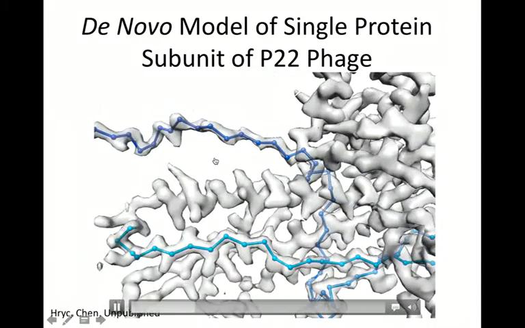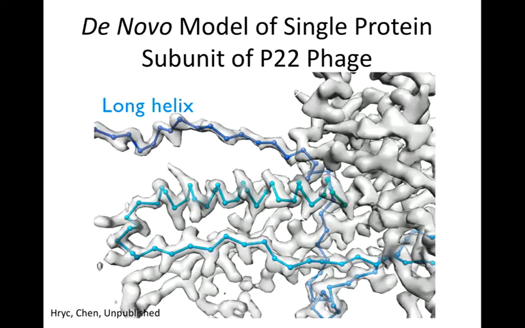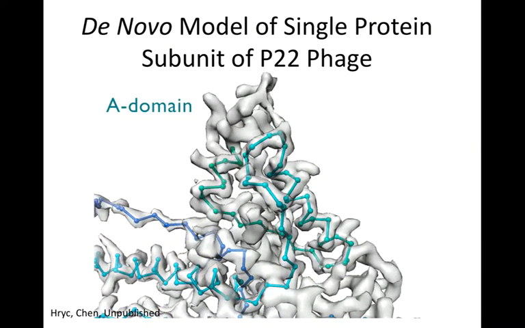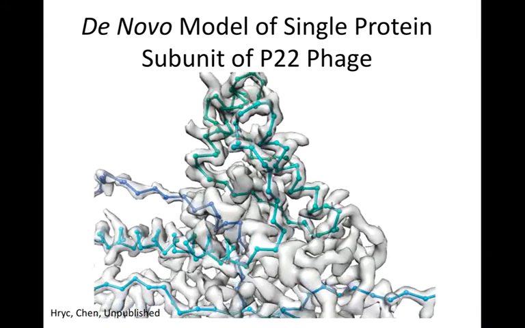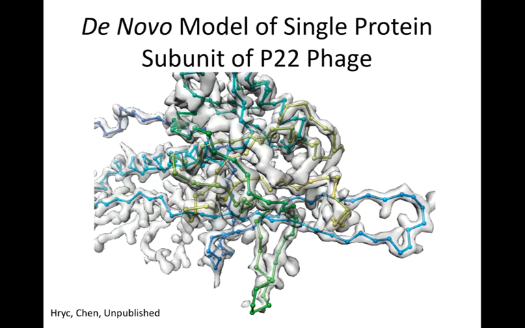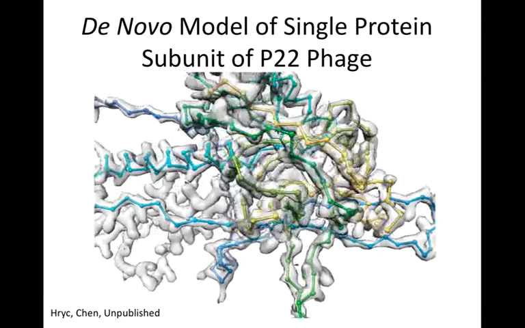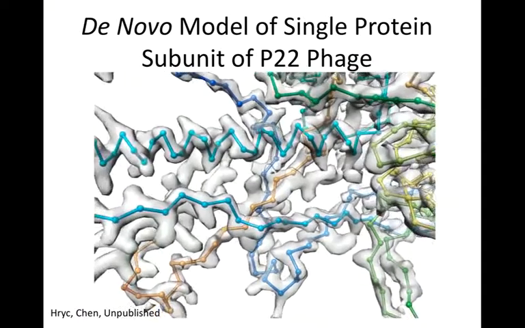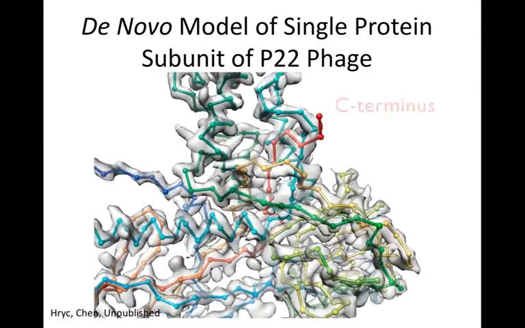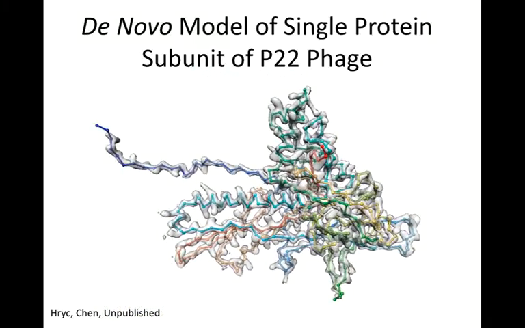This blue color curve shows the topology of this polypeptide, namely the tertiary structure or the backbone trace of the polypeptide. And like any other protein, the polypeptide can go from left to right, top to bottom, and back to the top again. As a result, the entire polypeptide with over 430 amino acids can be traced entirely.